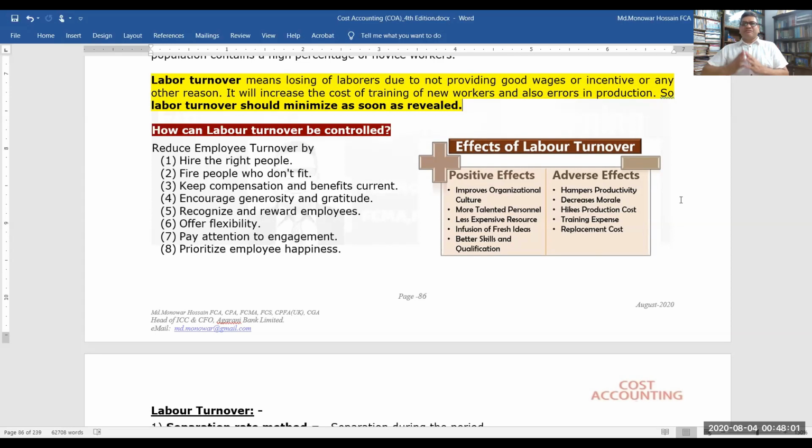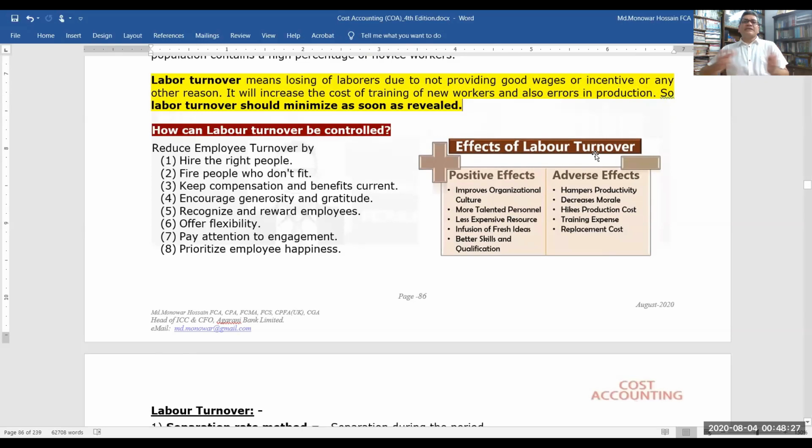But the negative effects are that it hampers productivity, decreases morale, and increases production cost, training expense and replacement cost. So this is the negative impact of labor turnover.